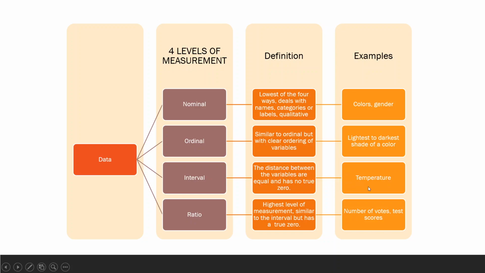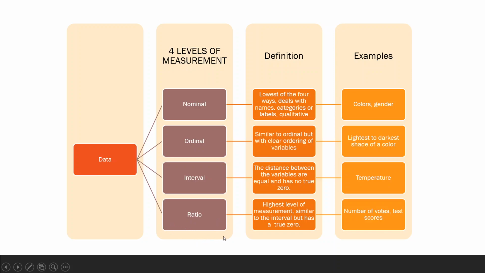So, for example, we have the temperature. The interval between 20 degrees Celsius and 10 degrees Celsius is equal to the interval of 30 degrees Celsius and 20 degrees Celsius.